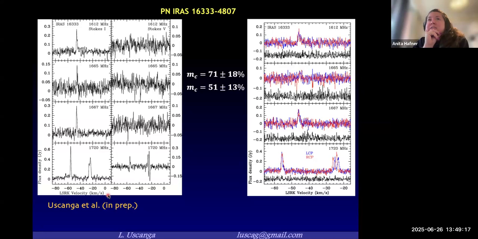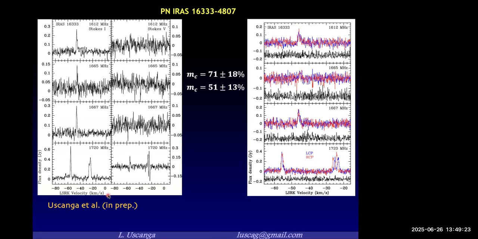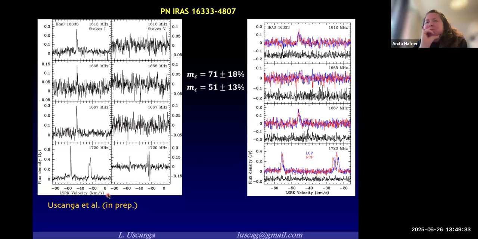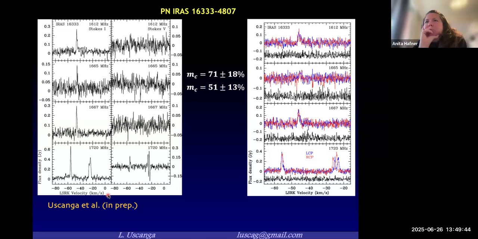I have a lot of this kind of stuff in my data set. That's opposite to what you see in AGB stars, where the OH is the furthest out, but in the planetary nebulae it seems to be the water that's further out.